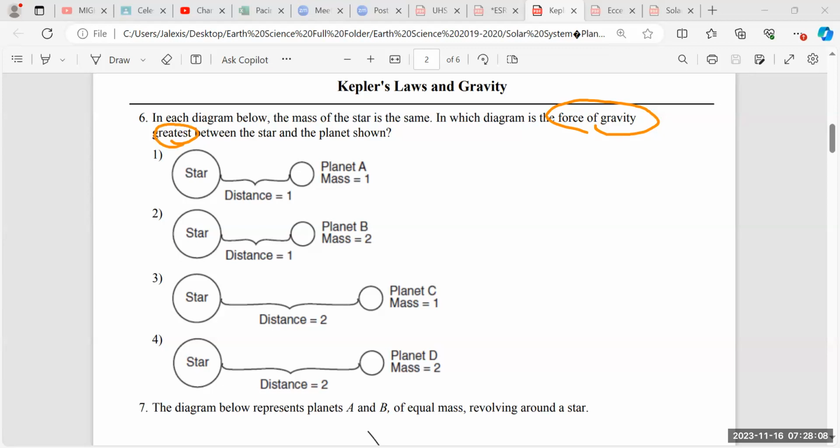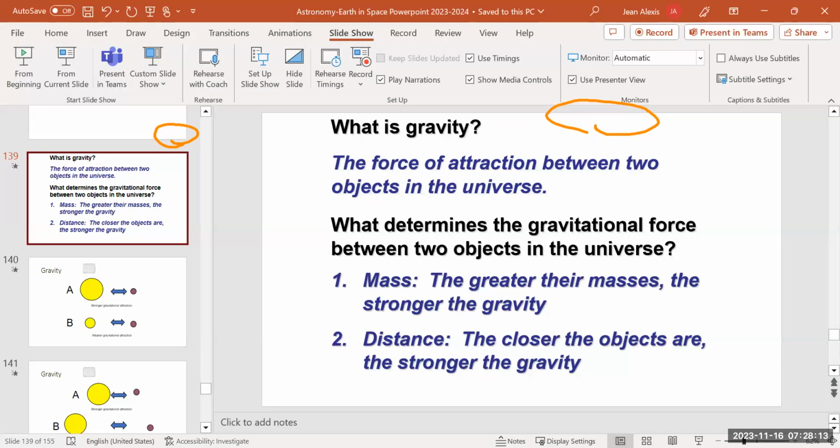If we take a look at our notes very quickly, we need a scenario that has the greatest masses, and we need a scenario where the objects are closest to each other. That is what's going to give me the scenario that has the greatest gravitational force between the two objects.